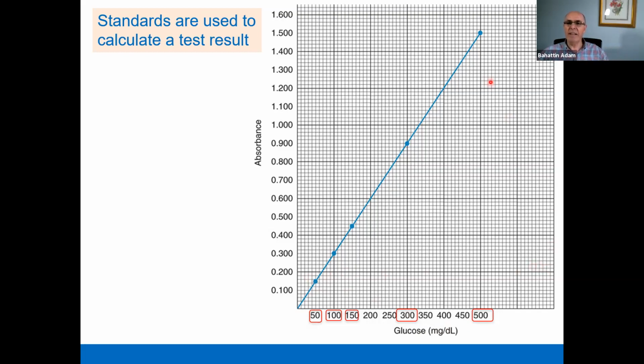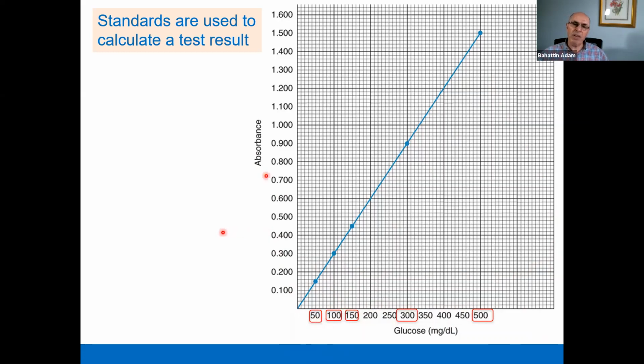And then I am going to measure the absorbance of each of these standards via spectrophotometry. I know the level of each standard. As you see, I labeled them.